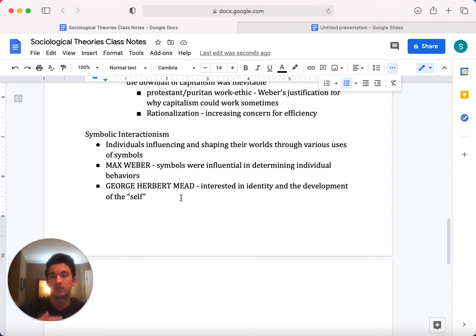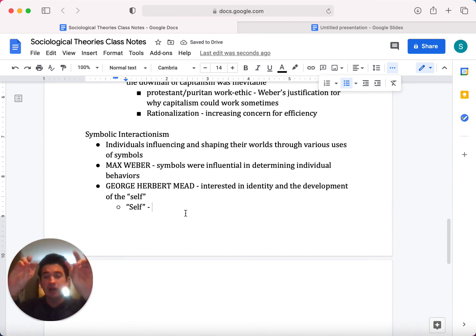I'm going to put everything about Mead in a bullet point over here. There will be a lot of bullet points, but everything below this pertains to George Herbert Mead. First I want to give you a broad definition of what the "self" is. I'm putting it in quotation marks so you know this was really his term.